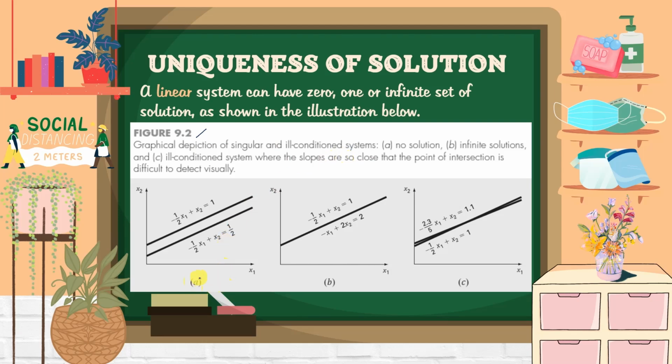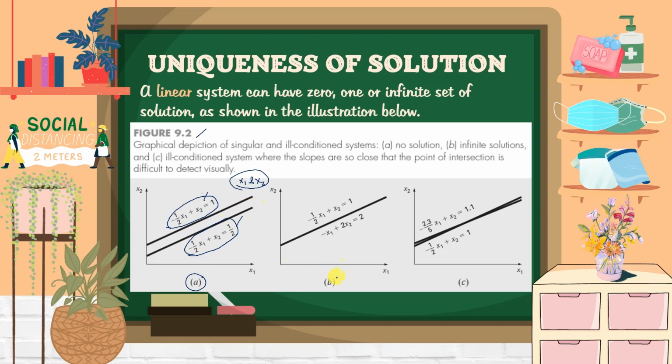In our figure 9.2a, given the functions, substituting the values from 0 to a certain value, same with our second equation, you will notice that the two equations represent parallel lines. In the case where the two equations represent parallel lines, there is no solution because the lines never cross.